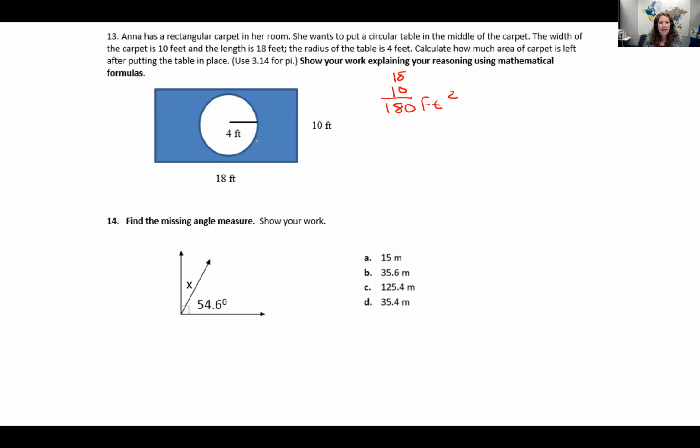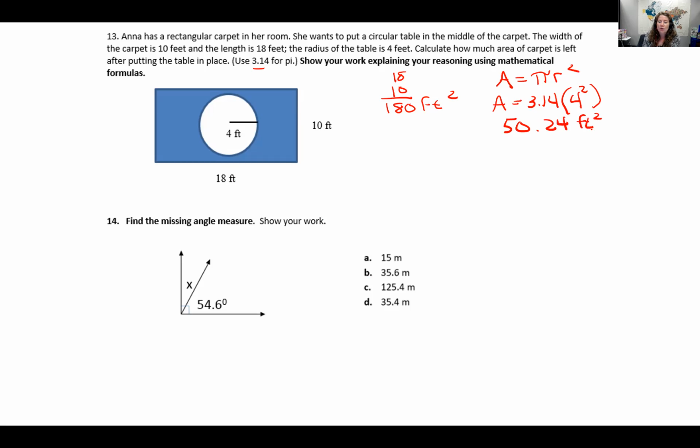However, I have to subtract away the area of the circle. Area of a circle is pi times radius squared. It tells me to use 3.14 for pi, and I multiply that times my radius squared. 4 is my radius because I'm seeing half a circle. So I put that directly in my calculator. 3.14 times 4 squared is 50.24 feet squared.